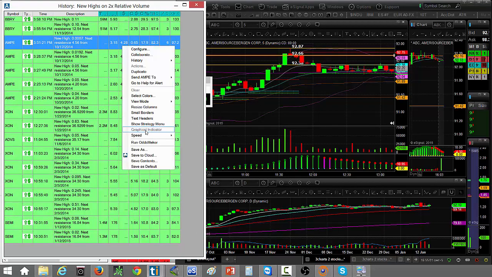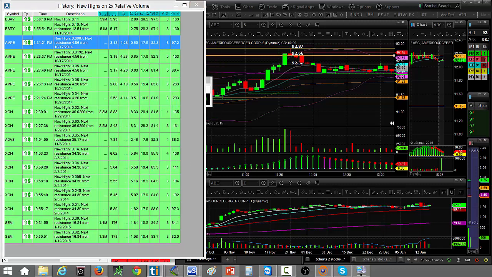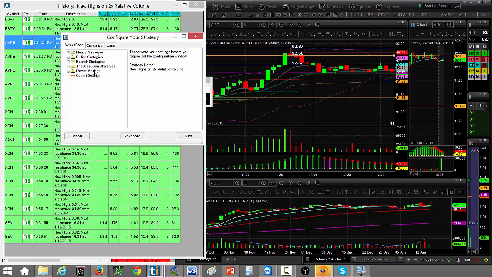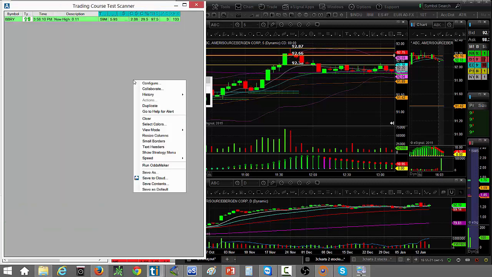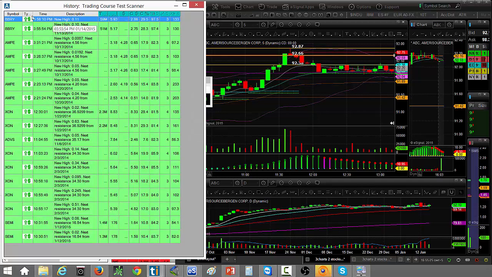I have to go and rename it. Where do I go? I'd just go into configure your strategy, go to name, and then we'll just say trading course test scanner, and click done. History again, today. These are the stocks that hit the scanner today.